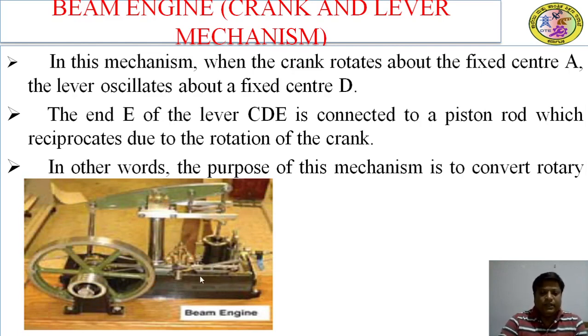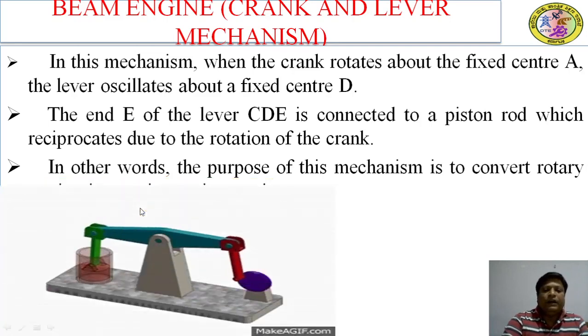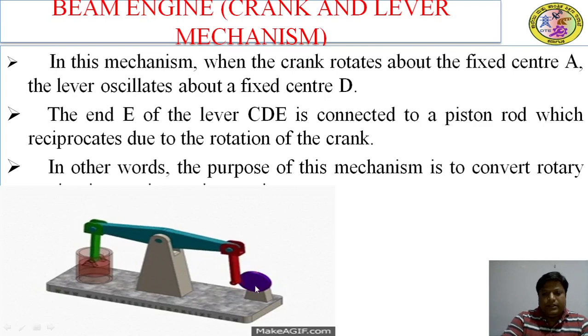The beam engine was established in 1750, in the 18th century. This is the animation of a beam engine. The crank is pivoted at the point of the flywheel or the motor.